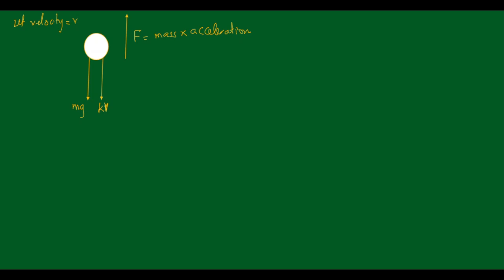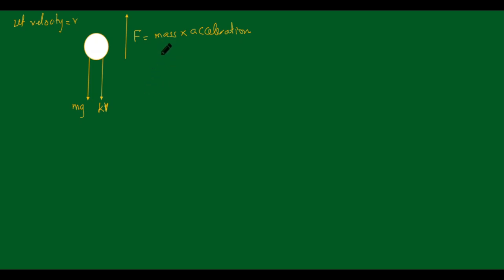The summation of those two forces, the weight of the body and the force of resistance offered by the air through which the particle moves, tries to reduce the velocity of the body. This brings about a deceleration, which we can call a negative acceleration. This forms the basis for formulating our differential equation.